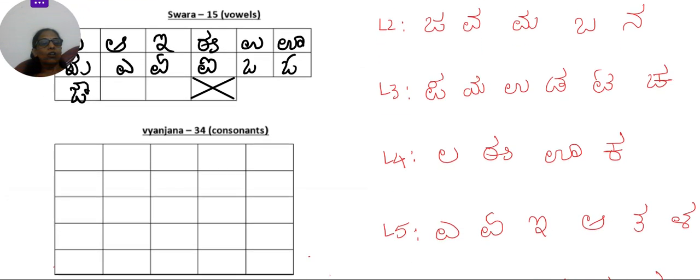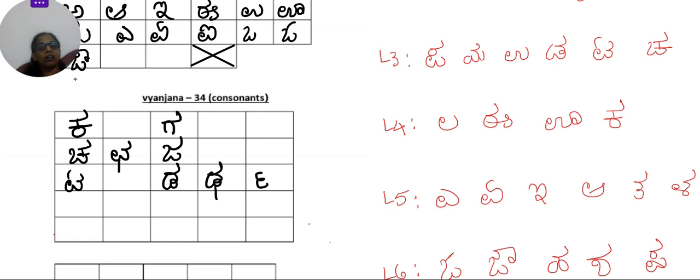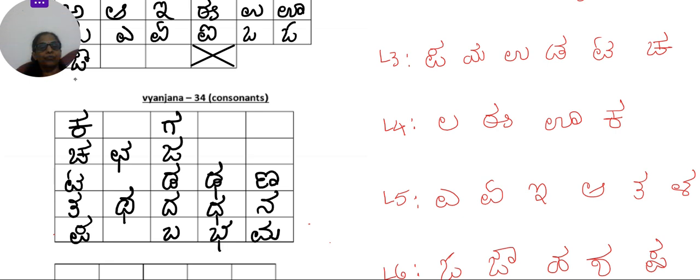Then now let us look at all the Vyanjanas. So, K, G, Ch, J, T, D, Dh, N, ta, tha, da, dha, na, pa, ba, bha, ma.